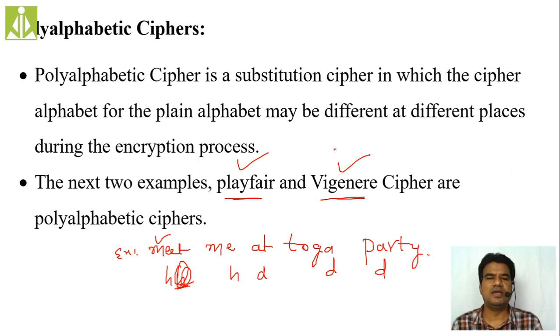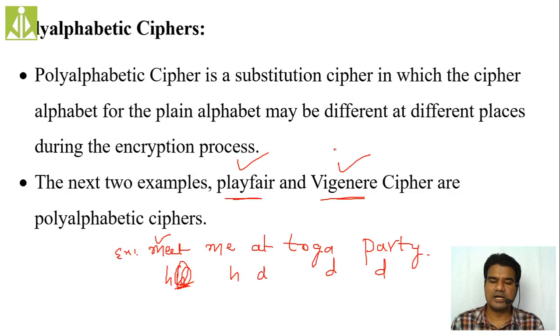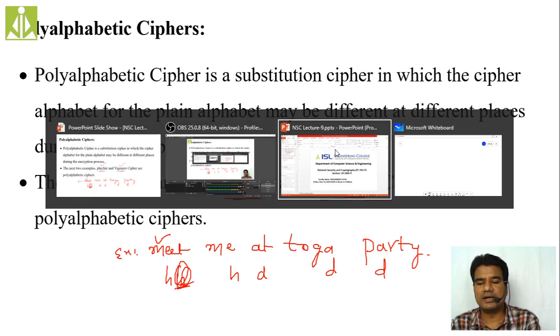So we'll study how the Playfair cipher works. I will take one plain text example, and I will apply the entire algorithm and show you how we get the ciphertext, so that you can work on the other techniques.